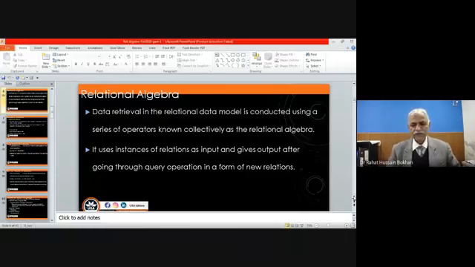For example, if we have a relation A and a relation B, and within the relations we have tuples, rows, those may be taken as input and also give output. The input is in terms of relation instances, and the output is also a relation. You have to remember this.